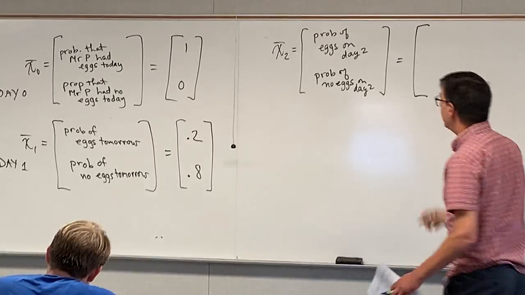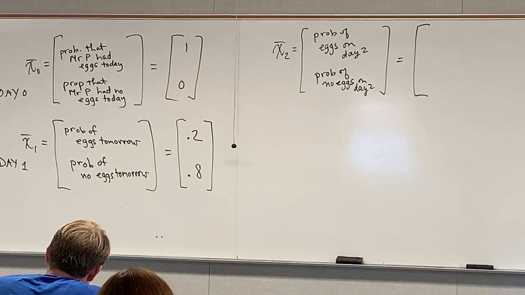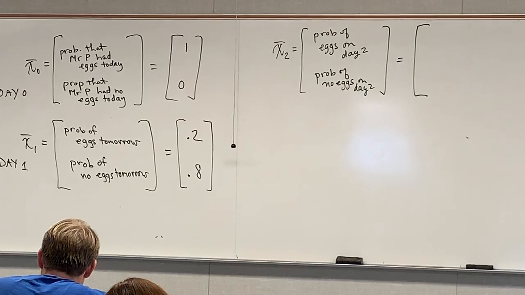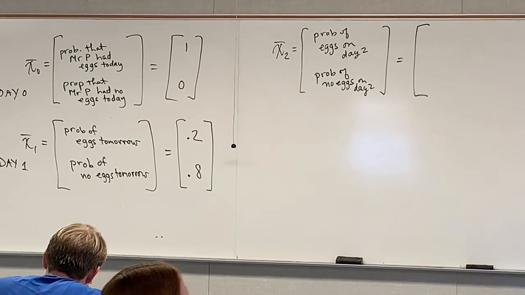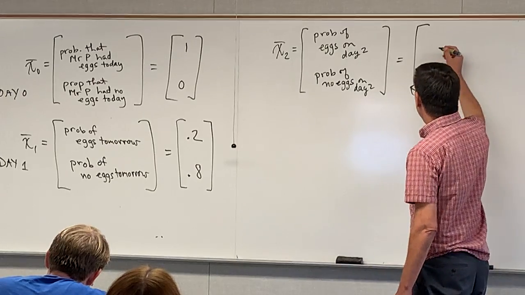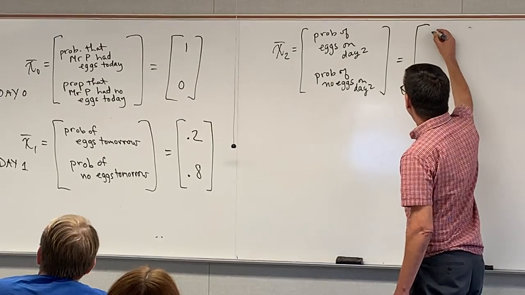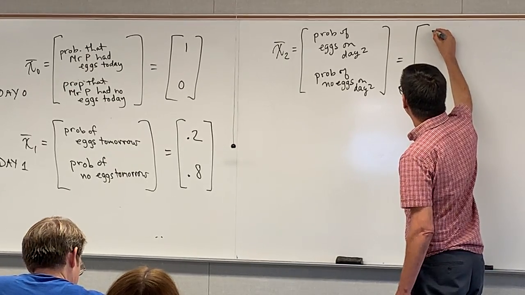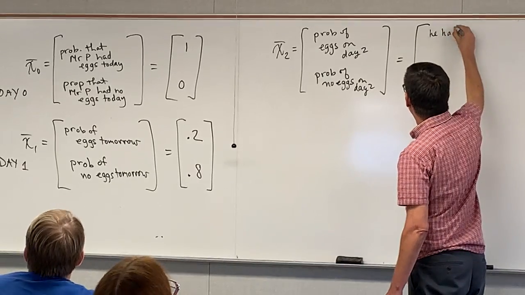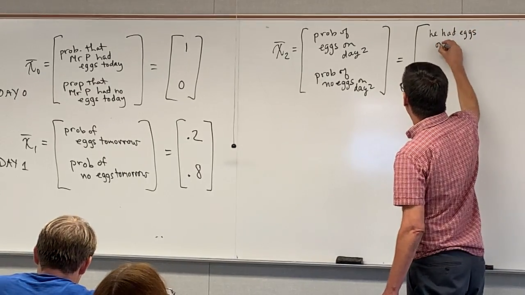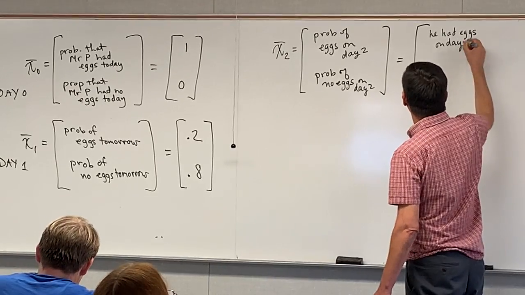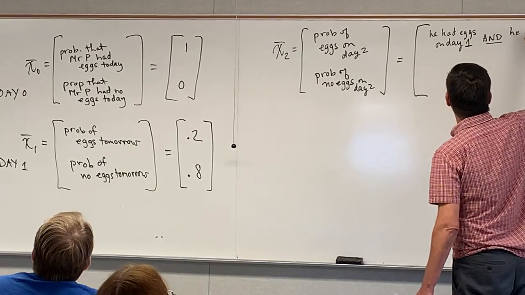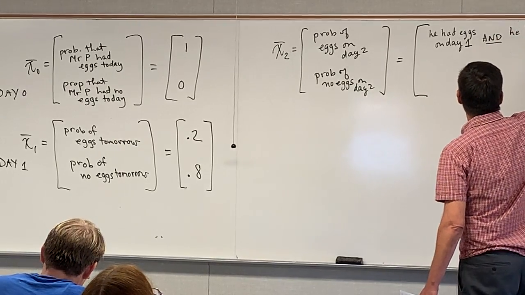Okay. And here's where I think at this step we got to think a little bit about the way the probabilities would work, because at this point we don't know yet whether I had eggs or not on day 1. So we could say this probability, we could break it down in the following way. He had eggs on day 1, and he had eggs on day 2.